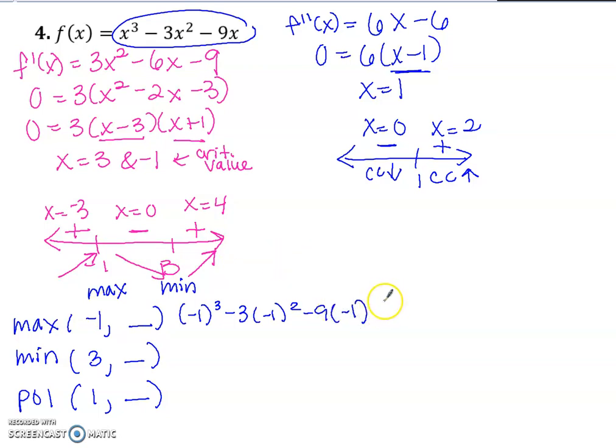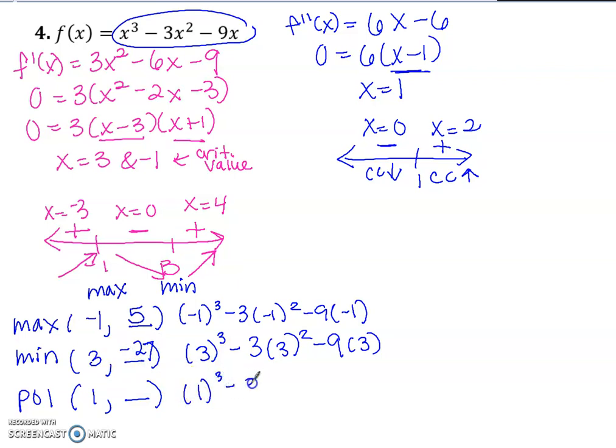Okay, so when I plug in -1, I end up getting +5. I'm then going to plug in 3 to the original function, and when I evaluate that, I get negative 27. And then I'm going to plug in positive 1, and I get negative 11.